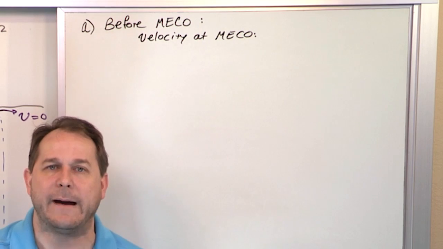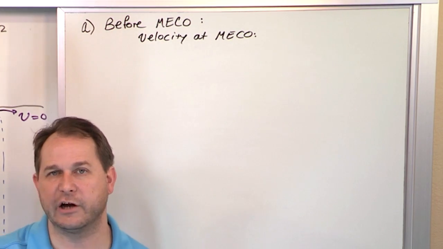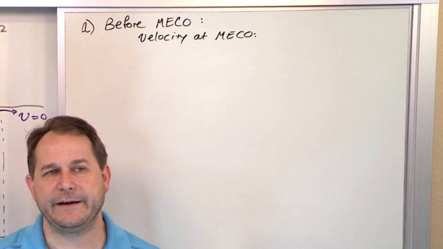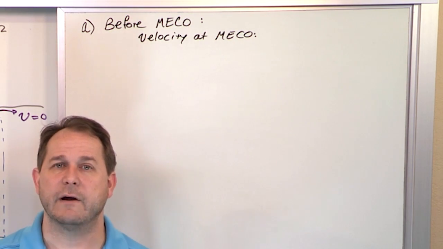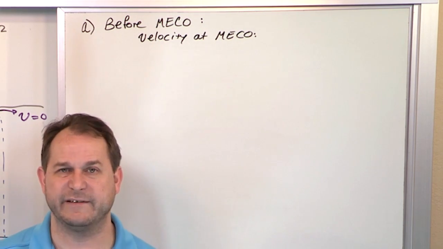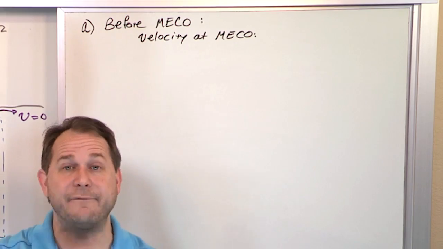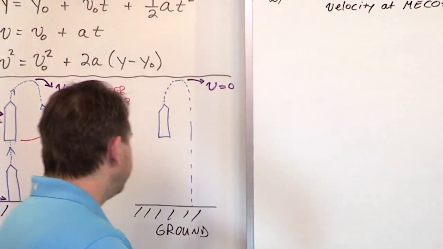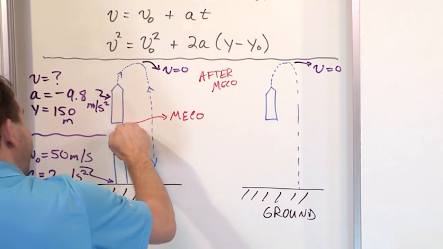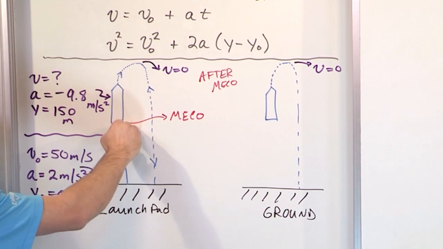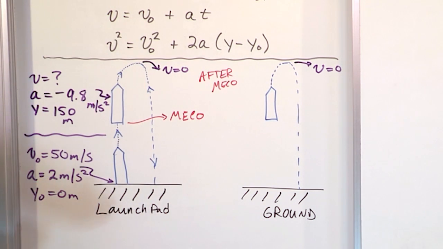I've laid out a roadmap for you so that you understand why we need to know the velocity at engine cutoff, right? But let's say that you don't remember that, or you just have no idea what to find. That's when problems like this get people stuck, right? So at that point, if you have no roadmap at all, what you need to do is look and say, these are two problems. I have a part A and a part B. I need to figure out everything I can at the moment of cutoff, because that's going to feed into the second part of the problem as the initial conditions.